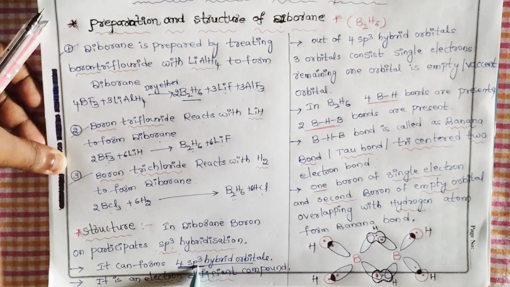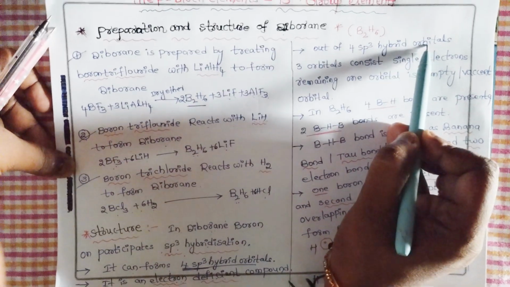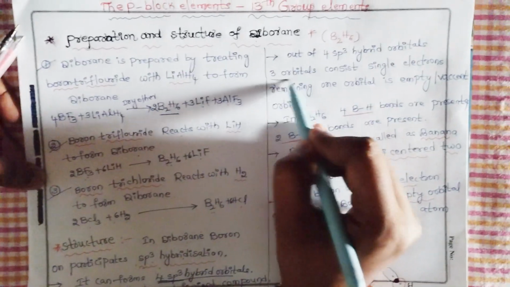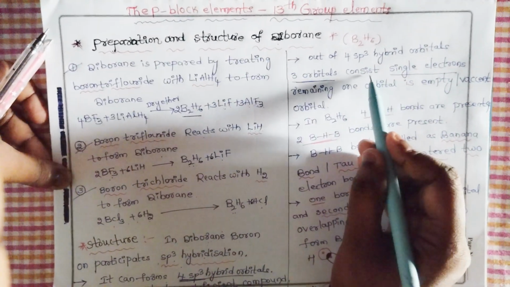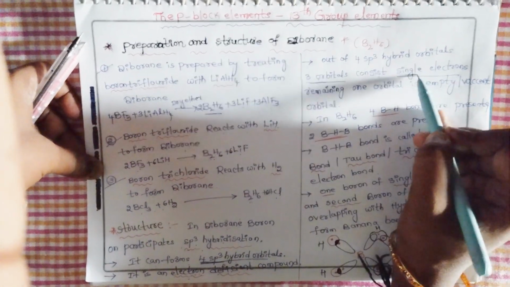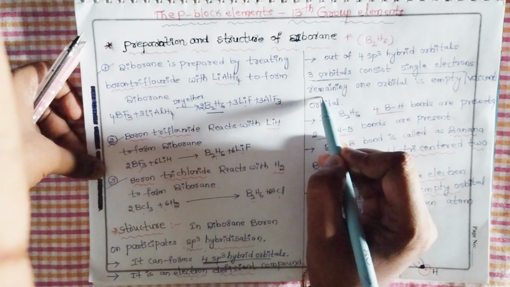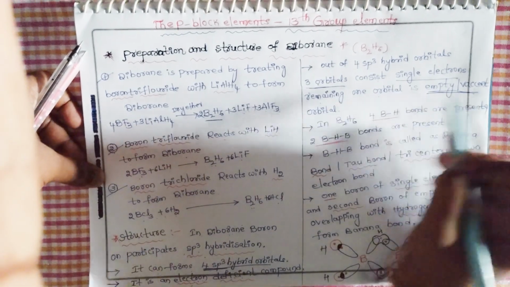It forms 4 sp3 hybrid orbitals in total. Out of the 4 sp3 hybrid orbitals, 3 orbitals consist of single electrons, and the remaining 1 orbital is empty or vacant.